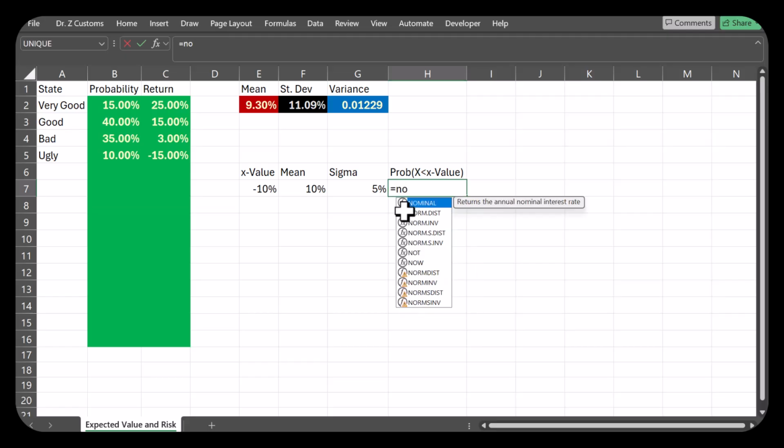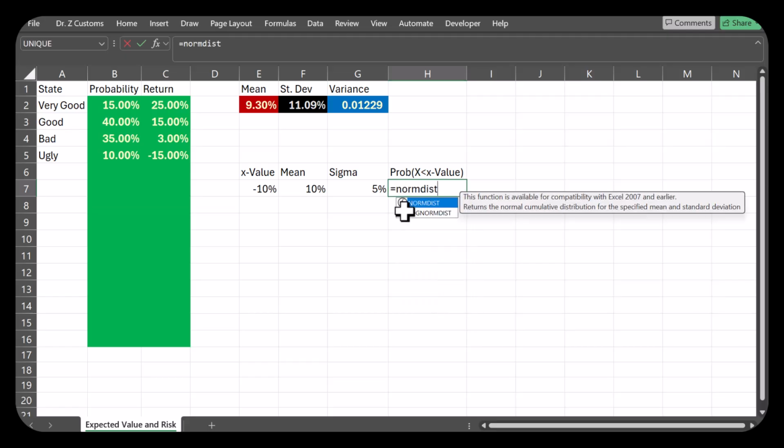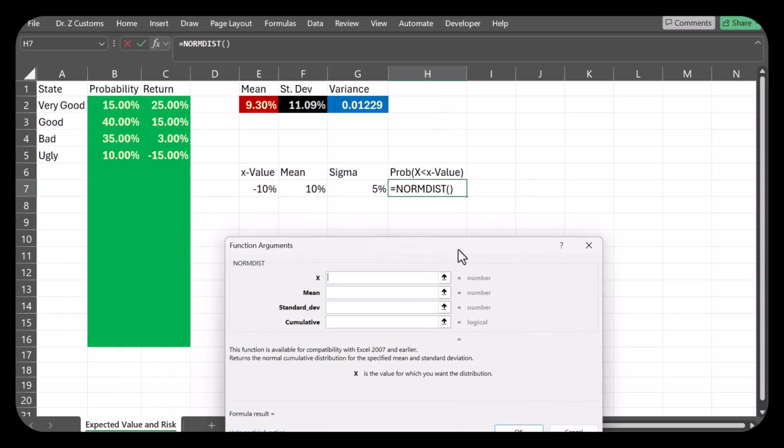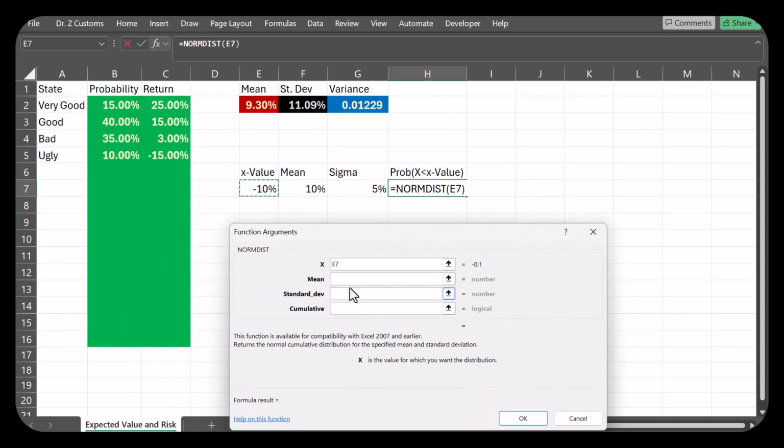And I'm going to use the function norm dist. X value is the x value, the mean, standard deviation, and the last argument is cumulative. And you need to say true to get the cumulative.